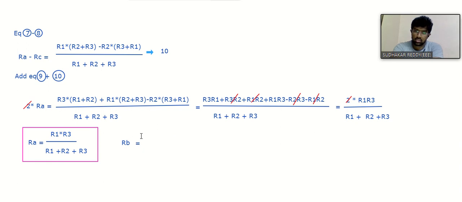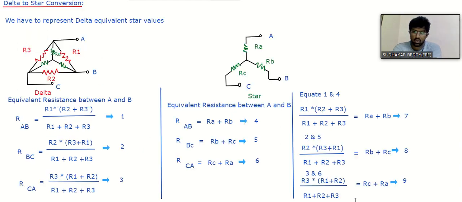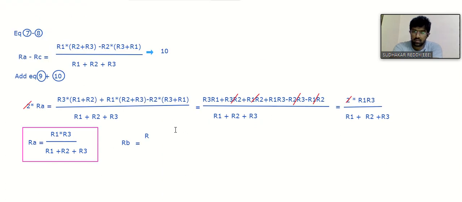Similarly, RB equals, what are the resistors opposite to RB? R1, R2, right? I can write R2R1. Again the denominator is the same, that is always R1 plus R2 plus R3 only.